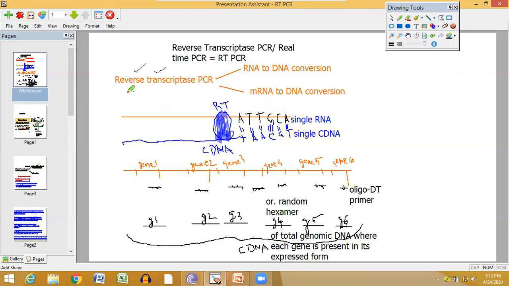It is an enzyme called reverse transcriptase which is basically doing the PCR. What is the role of reverse transcriptase? Reverse transcriptase is an enzyme which converts RNA to DNA.